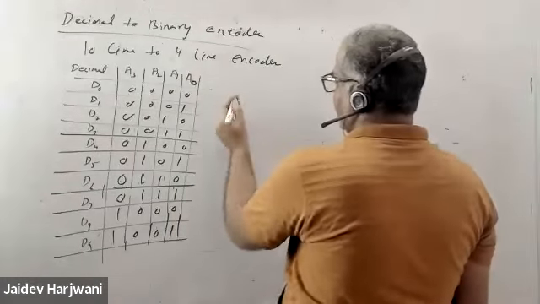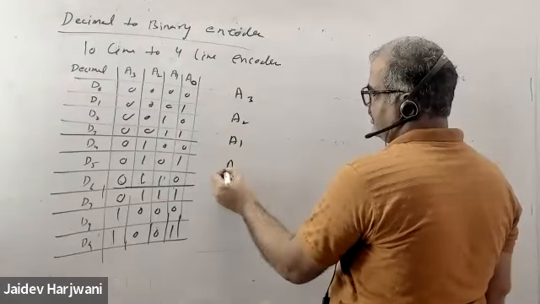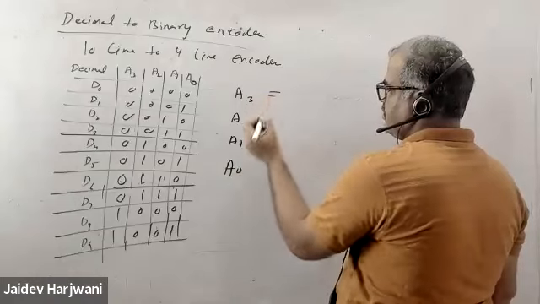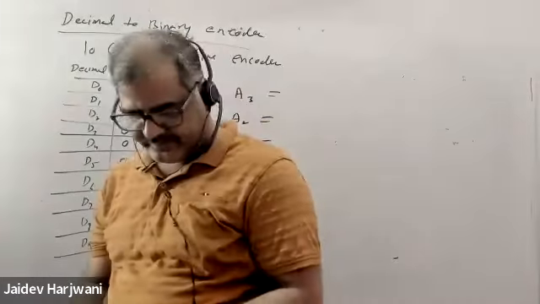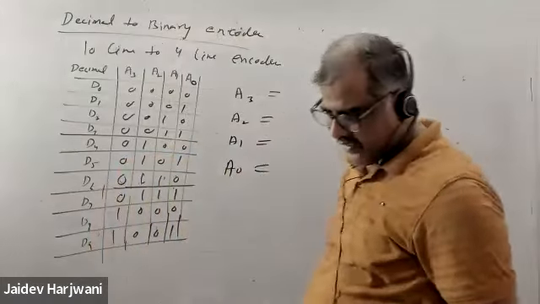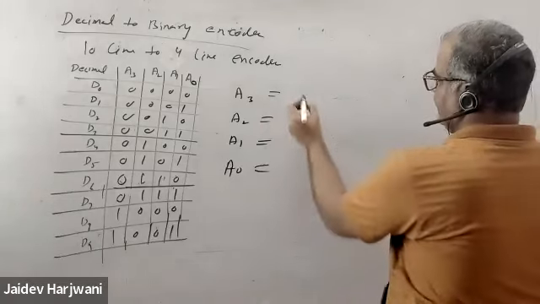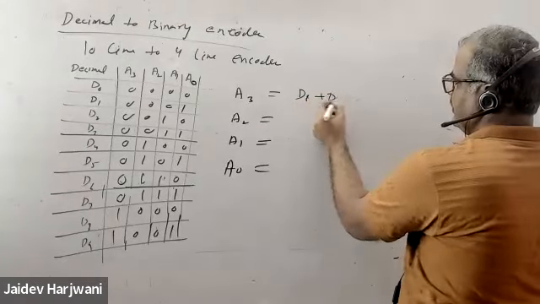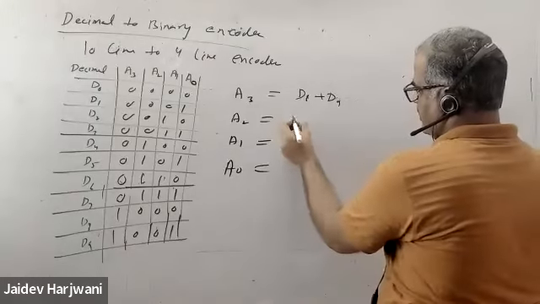Now you can write A3, A2, A1, A0. Tell me what will be A3? D8 plus D9. Very good. What will be A2? D4, D5, D6, D7.